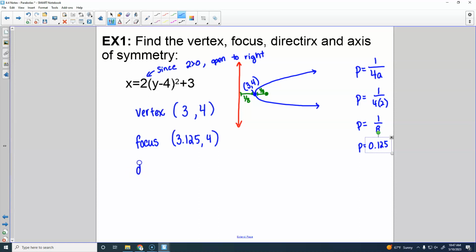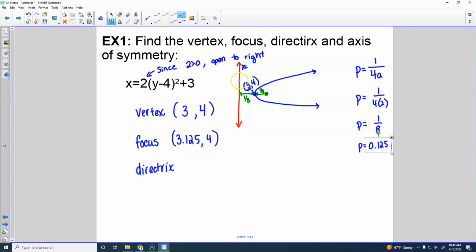The directrix for this is this vertical line. Vertical lines, are they x equals or y equals? X equals. So this is an x equals line. My x coordinate here was 3. I went to the left 0.125.